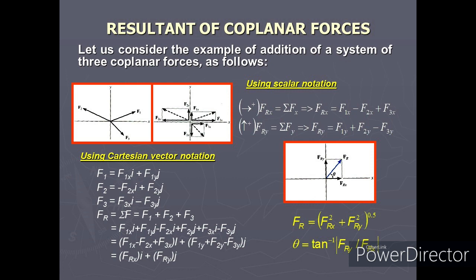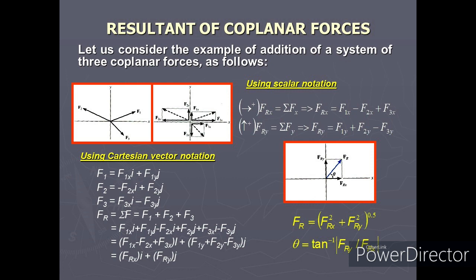What about using the vector notation? Using the vector notation, it means first we need to express F1, F2, F3 using the Cartesian vectors, isn't it? Meaning F1 will be what? In the Cartesian vector form.